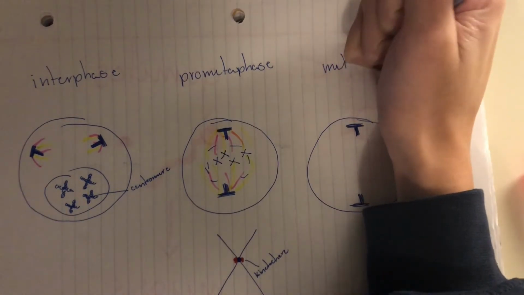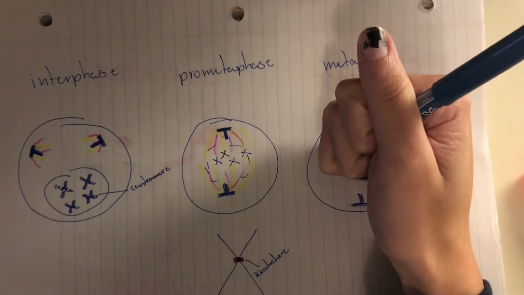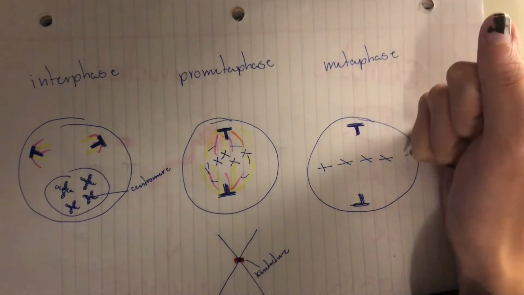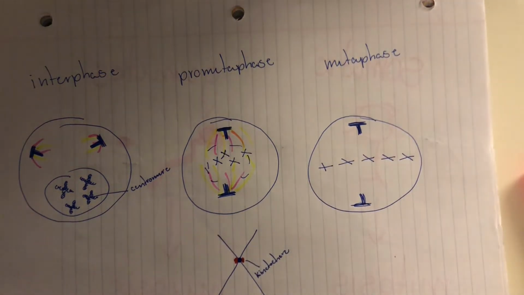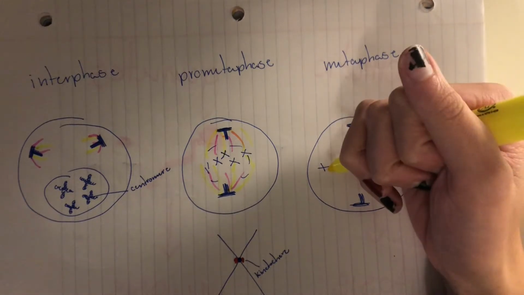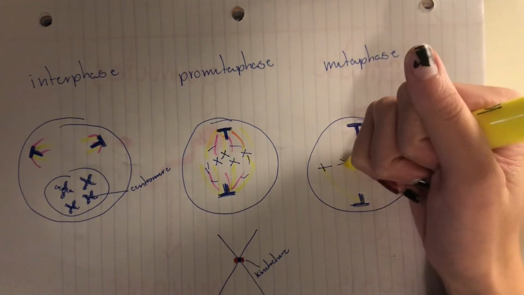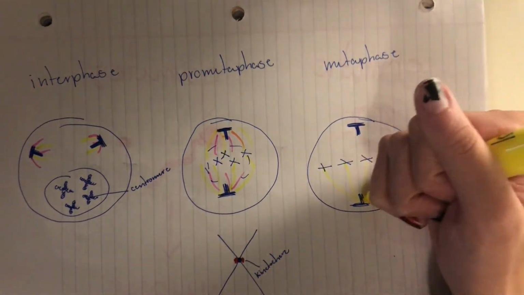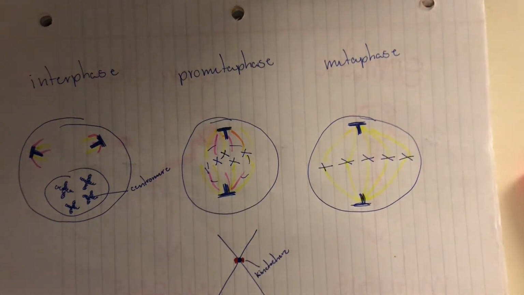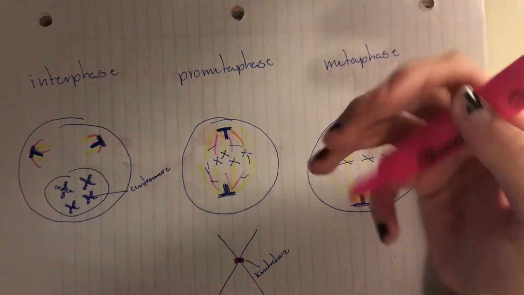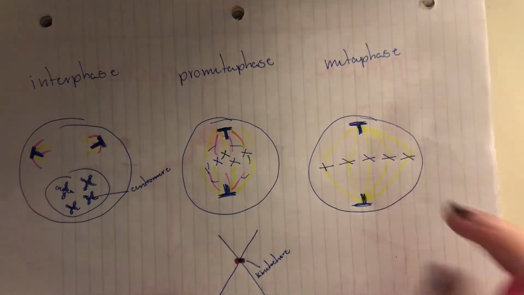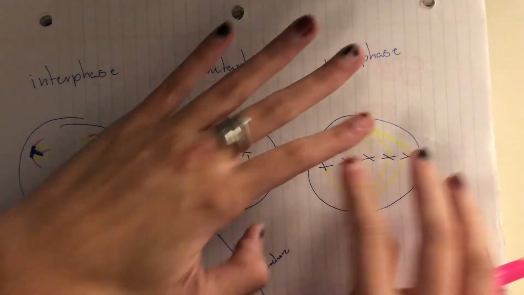This next step is metaphase. The chromosomes align at the metaphase plane, which is equidistant from both of the poles of the cell, because the kinetochore-interacting microtubules extend equidistant to the middle of the cell, pushing the chromosomes in.